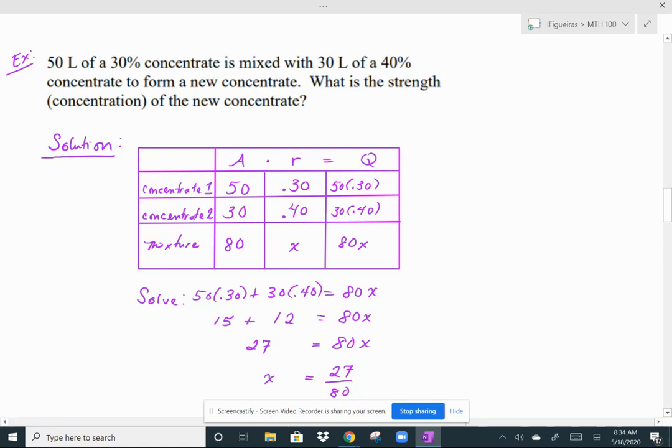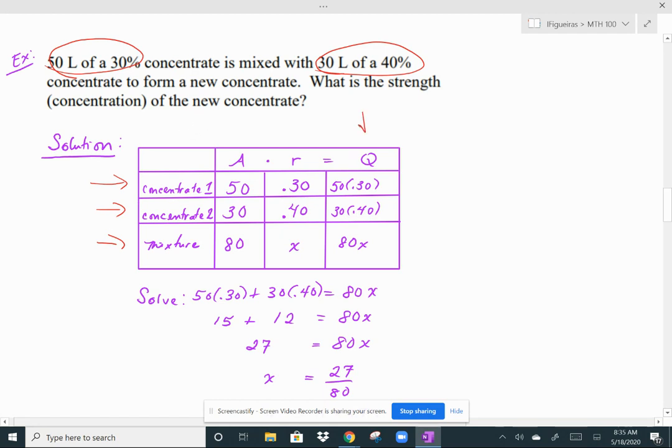So again, we have two ingredients. I'll call it concentrate 1 and concentrate 2 to create a mixture. The amounts and the percentages are given for both. I have 50 liters, 30%. That's your first row. I have 30 liters, 40% concentrate. That's your second row. Again, remember to convert percentages to decimals.